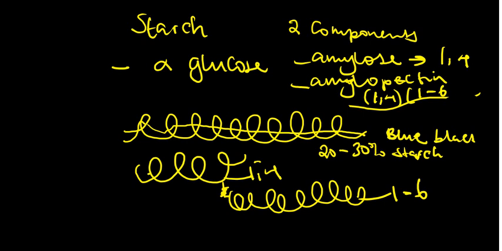Okay, so a suspension of this amylopectin in water, when tested with iodine, or rather the test for starch, you find that it will retain the color of iodine, which is brown. Okay, so it will then give us a red violet color with the iodine solution, because there will be no interaction between the iodide complex and this amylopectin, and this amylopectin is one that constitutes 70 to 80% of starch.